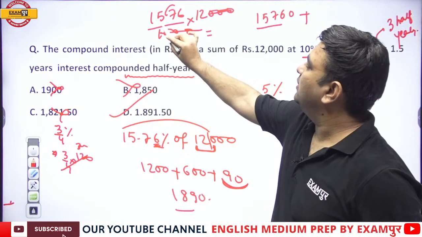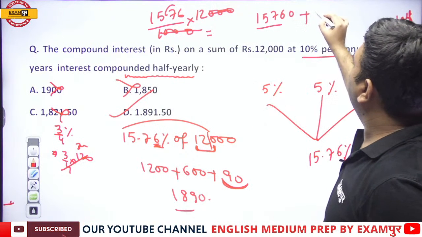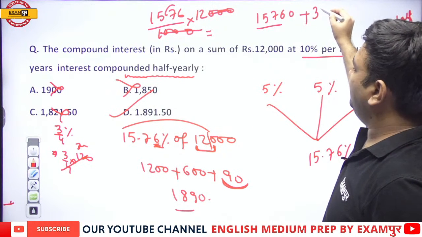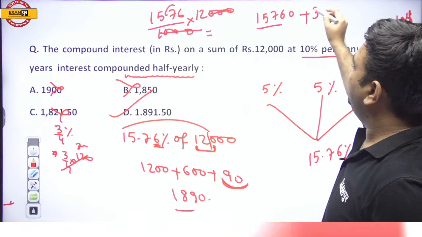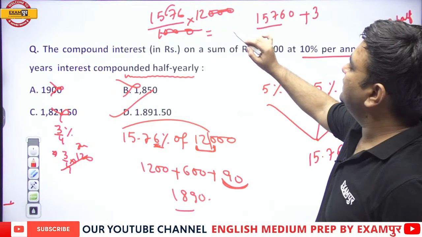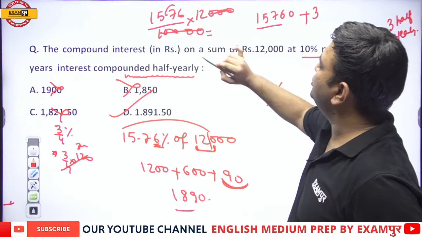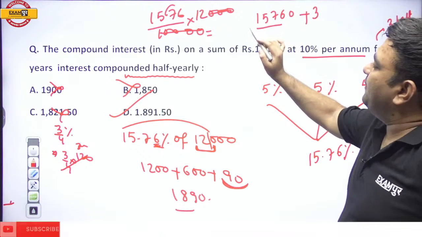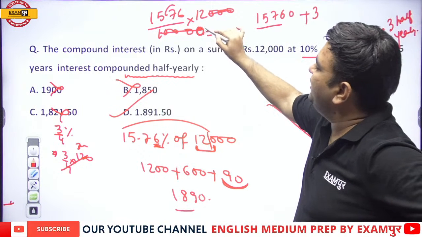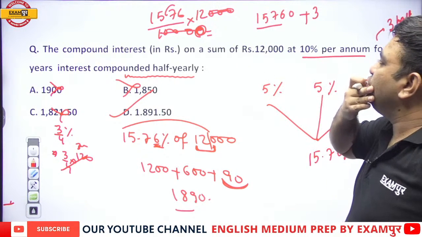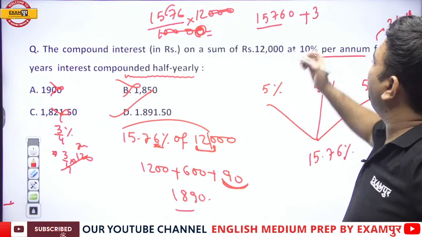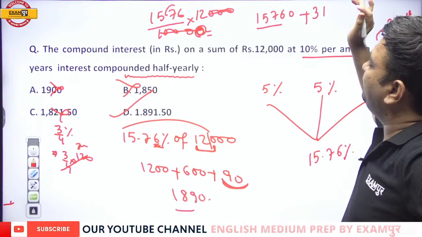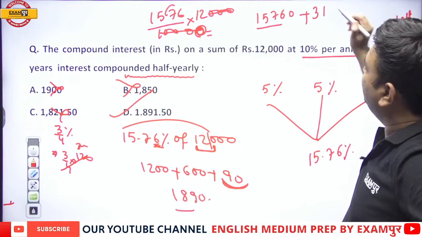Two zeros, yeah. So just multiply by 2 first. If 1 zero is still remaining in the denominator, into 2 it will become 3,152.